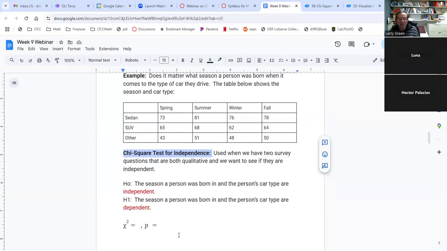Okay, so the next thing we're going to do, the good news on this one is it's not like the chi-squared goodness of fit test. There's no observed and expected that we're going to have to calculate. When I first taught this class, there was, but that's because the fancy calculators didn't exist yet.